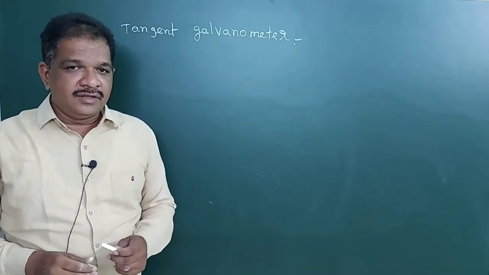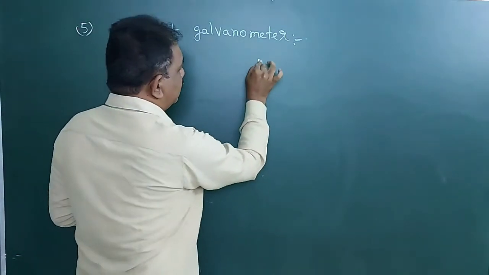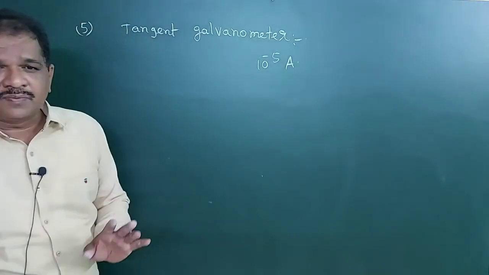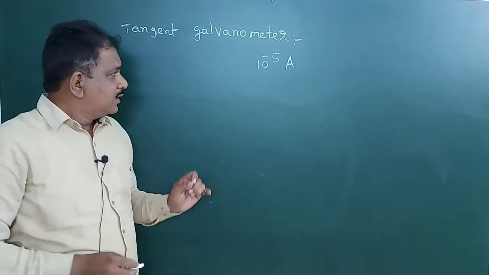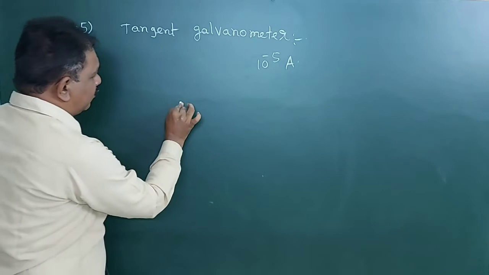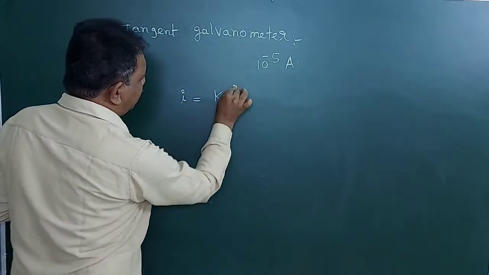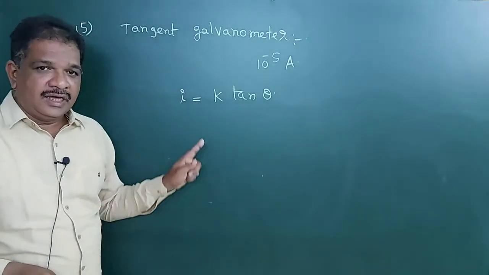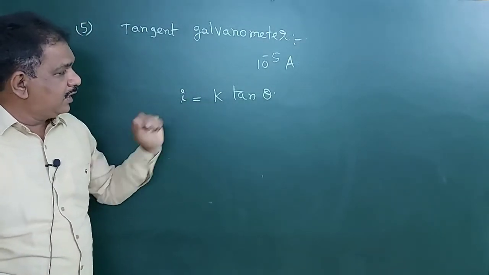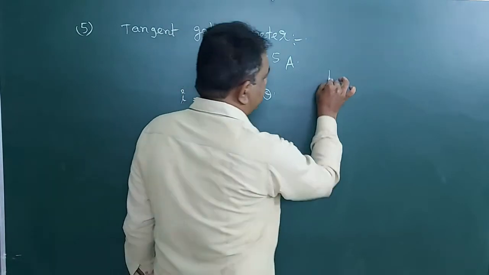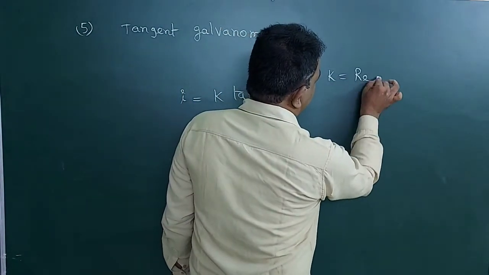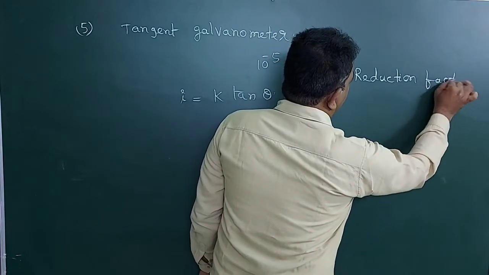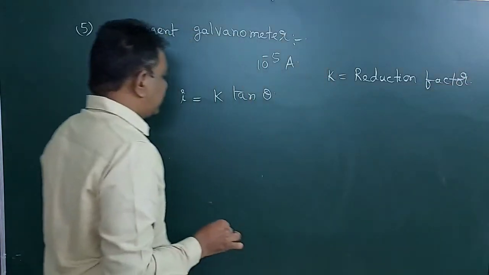Using this device, we can measure currents up to 10 power minus 5 amperes. The formula we are using is I is equal to K tan theta. Here K will be called the reduction factor.